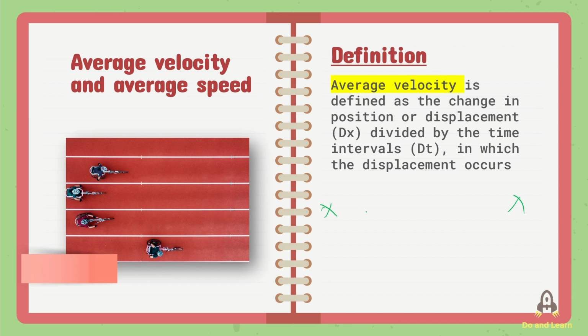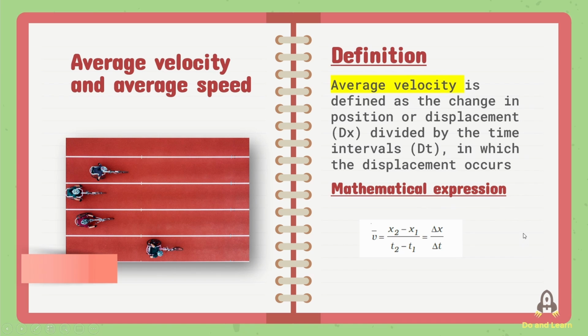There are different time intervals, t1 to tn, and different locations. If we consider a particular point, the displacement happening in this area in this time is called its average velocity. Look at this mathematical expression.